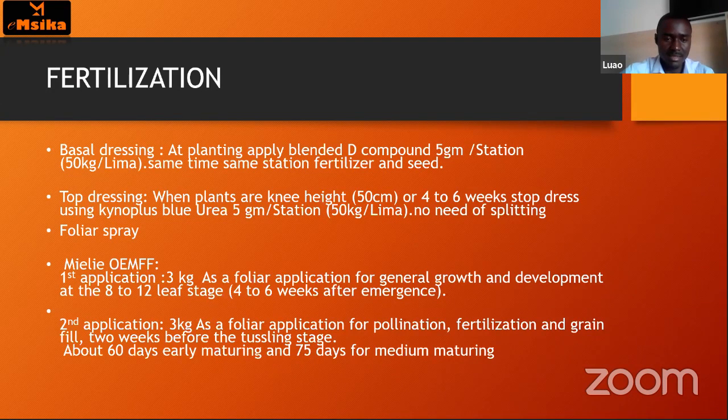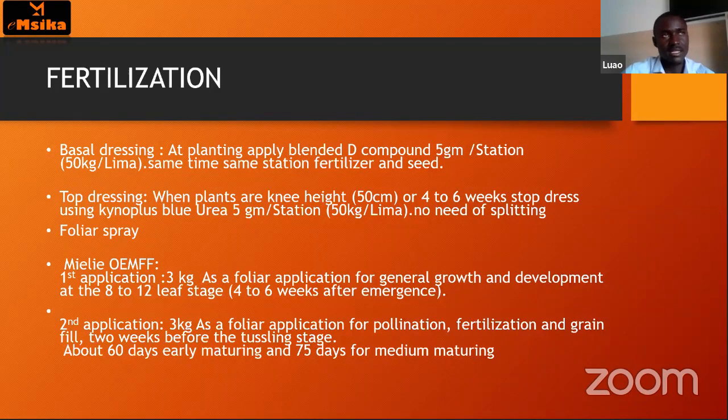The first application per hectare is 3 kgs. So 3 kgs will do 1 application, and this has to be done at 4 to 6 weeks. The first application is 3 kg as a foliar application for general growth and development at the 8 to 12 leaf stage.